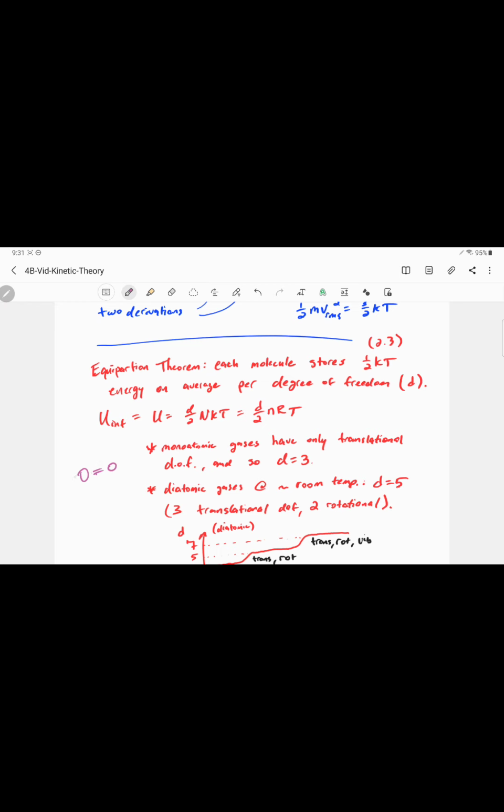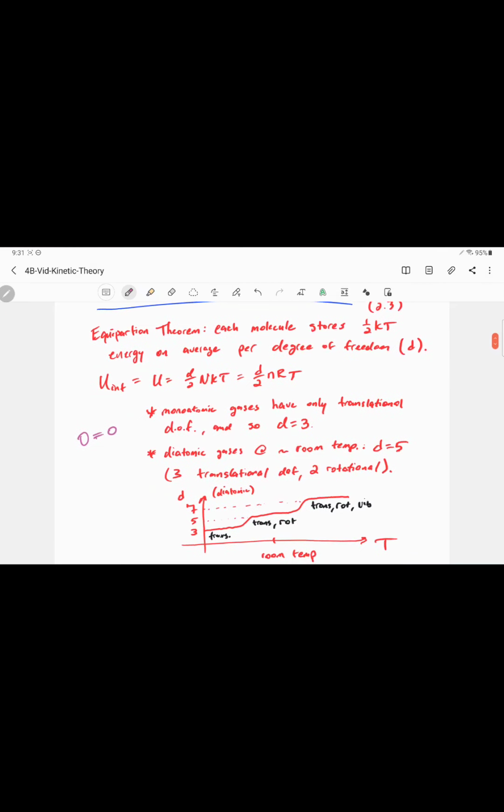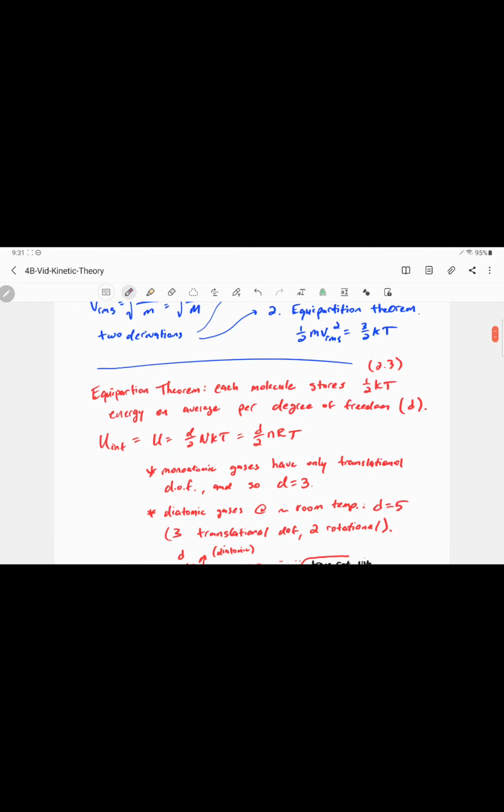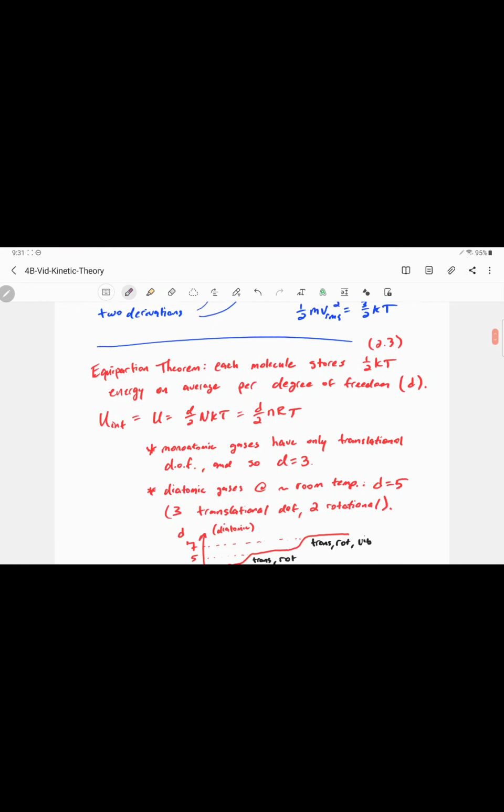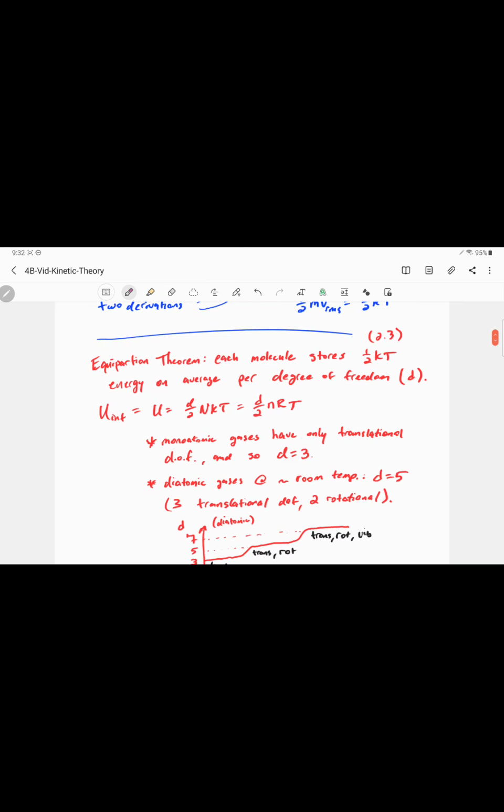If the molecule is very small, there's no moment of inertia about this axis, so that one doesn't count. So you get 2 more degrees of freedom for the 2 different axes of rotation that the diatomic molecule can rotate around. So diatomic gases at room temperature are storing 60% of their energy in translational kinetic energy and 40% of their energy in rotational kinetic energy.